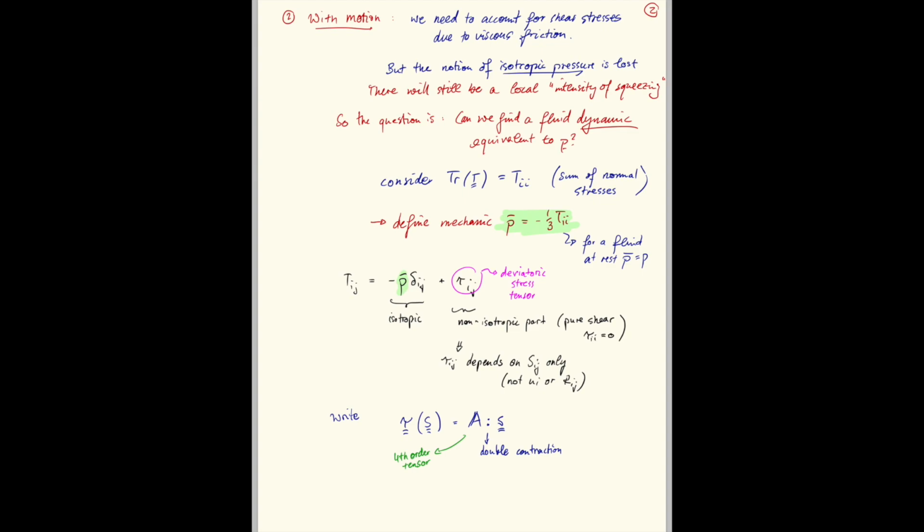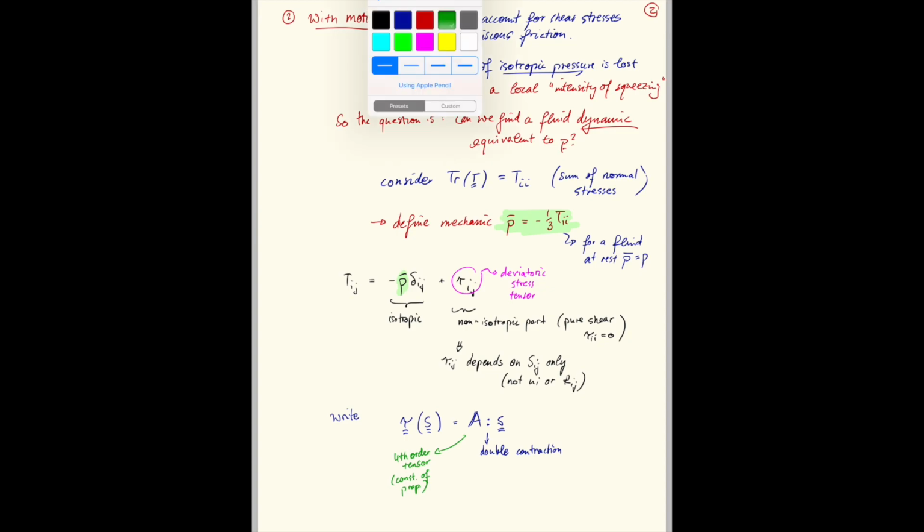And essentially every element of this 4th order tensor is a constant of proportionality, because we've said that for Newtonian fluids the stress tensor is linearly related to the strain rates.